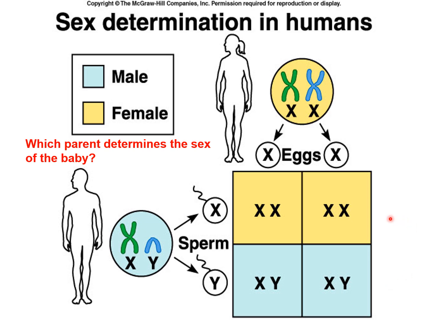As you can see, it's going to be the male, the father, that's going to determine the sex of the baby, because mom is only going to contribute an X chromosome, whereas the dad will contribute either an X or a Y chromosome depending on which of the sperm will fertilize the egg. So it's the dad that determines whether it's going to be a boy or a girl.